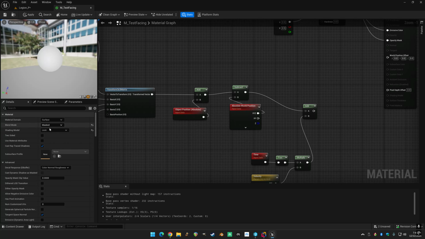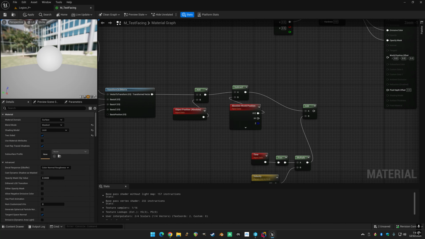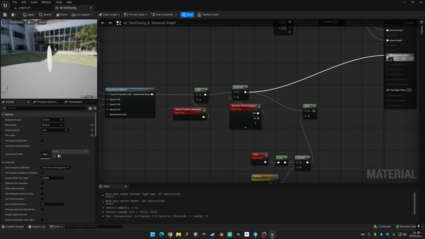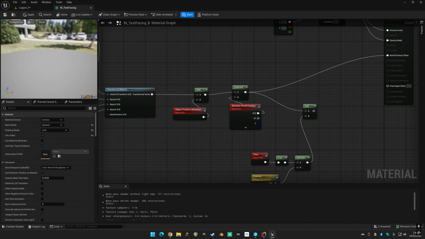Oh, you know, one thing we should probably do is turn on two-sided. All right, there we go. So we can see both sides in case it flips around backwards. Although that clearly isn't the case.